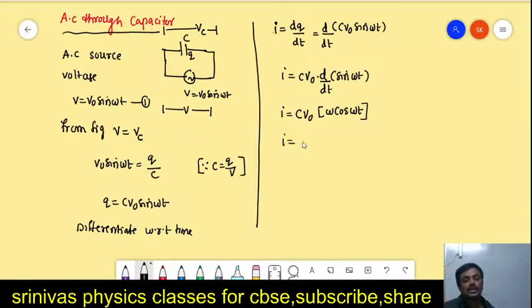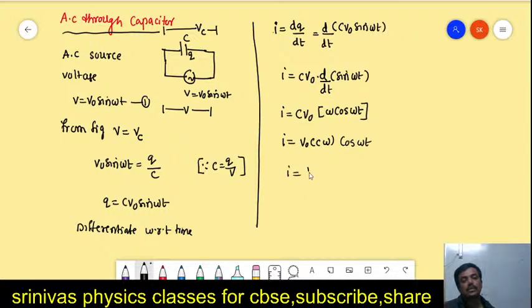Then we will get this is V naught into C omega into cos omega t.